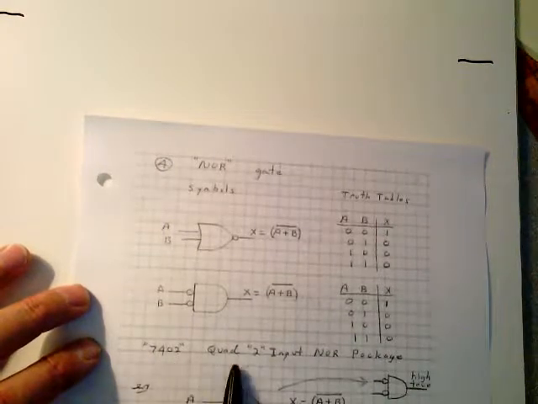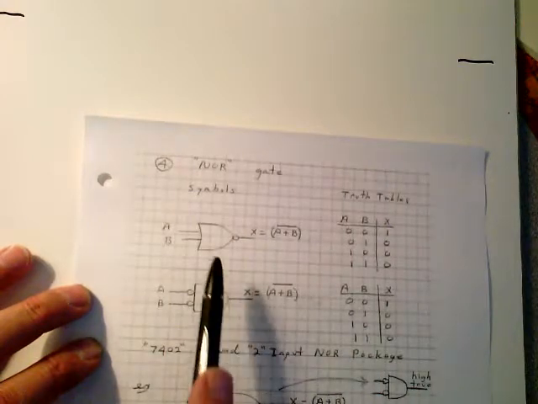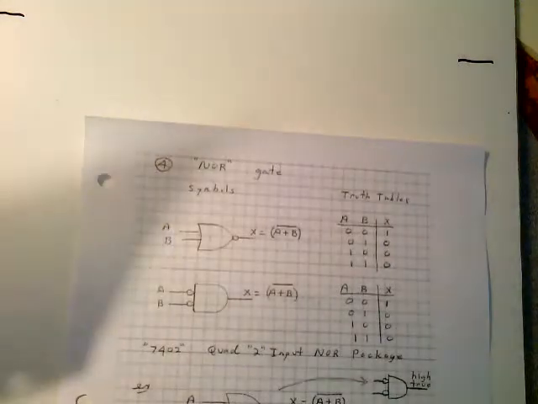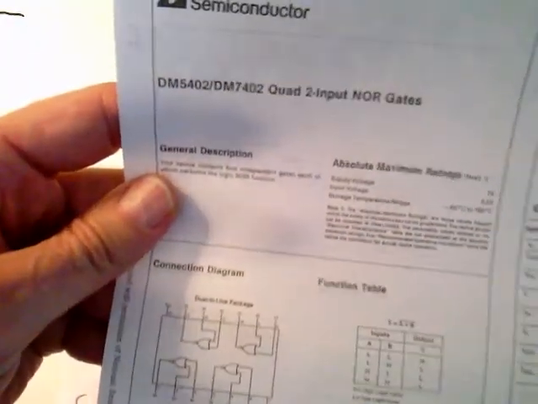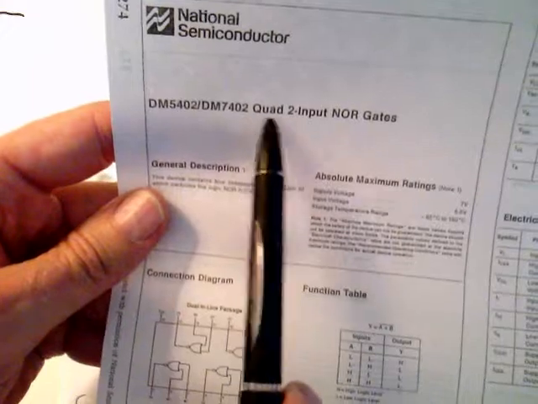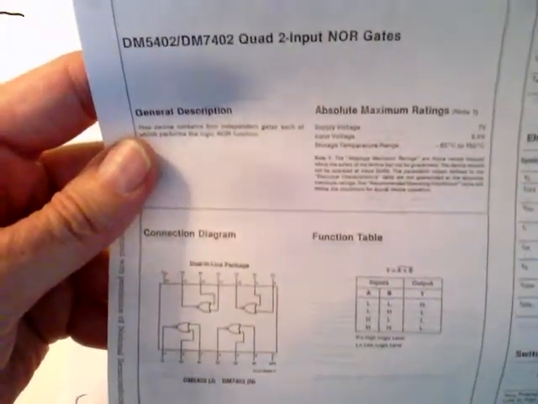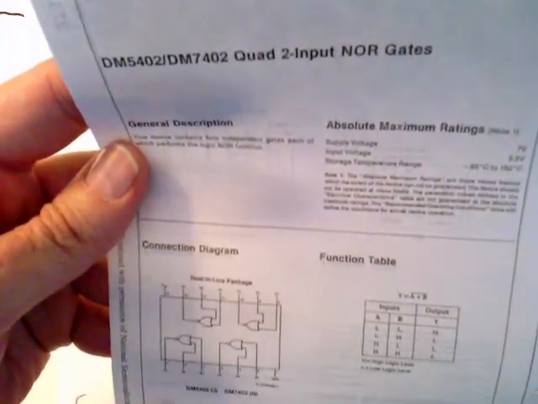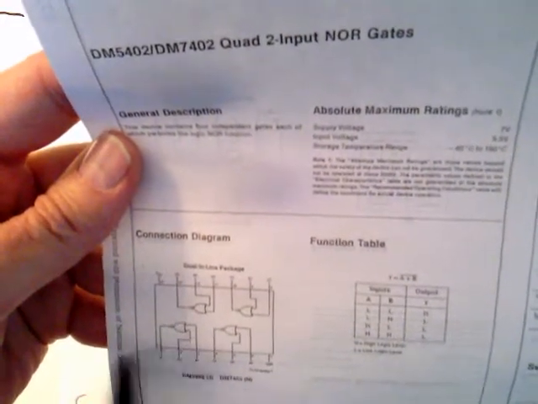The 7402 quad 2-input NOR gate package is the IC that holds the NOR gates. And if you take a look in your specifications on page number 274, this is what you'll see here. Notice we're looking at quad 2-input NOR gates. There are 4 of them in the package. Here's pin 1, which is an output. Pin 2 and pin 3 are inputs to the first gate.